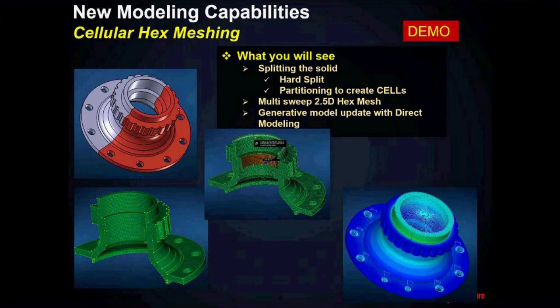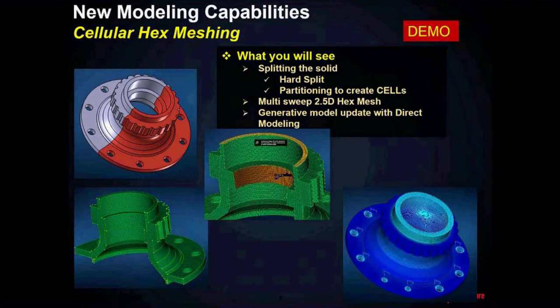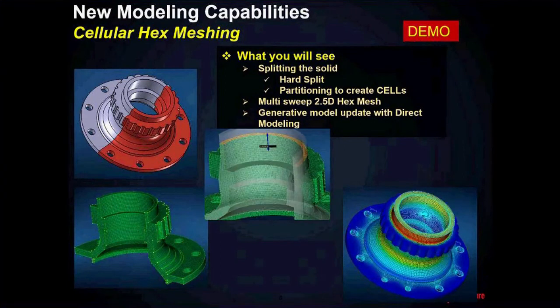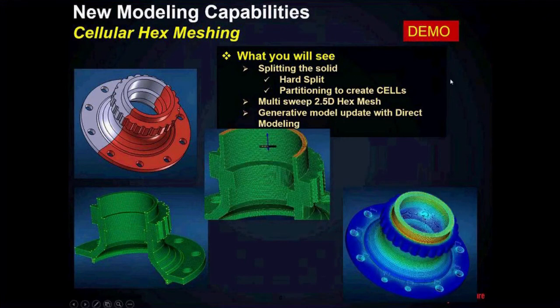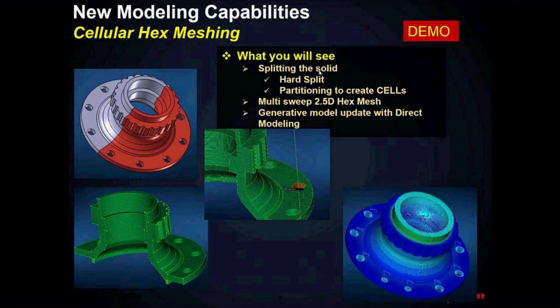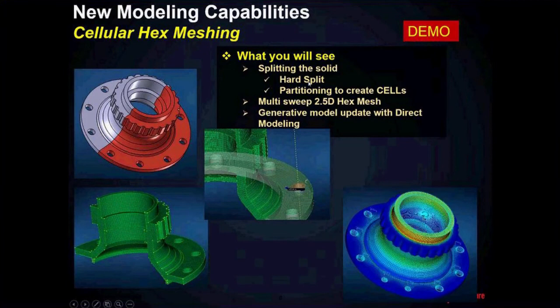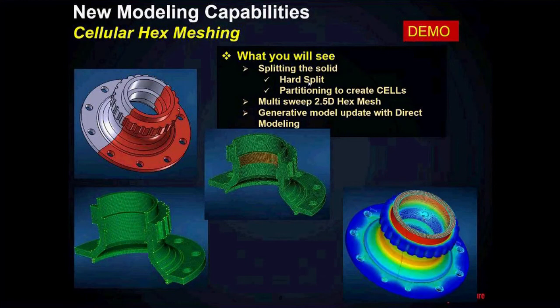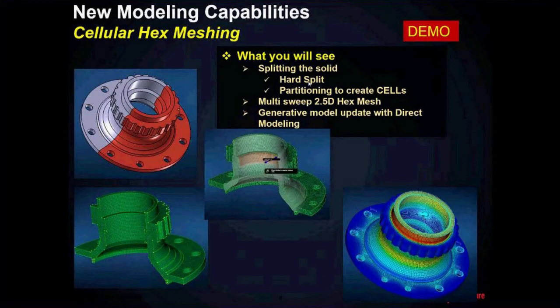The first demo is going to be how we can create a hex mesh in Grizzly. We introduced what is called splitting of solids in previous releases, which helps to create the hex mesh with a hard split of the geometries. But with the hard split, we could create a hex mesh, but it was not contiguous across the boundaries.